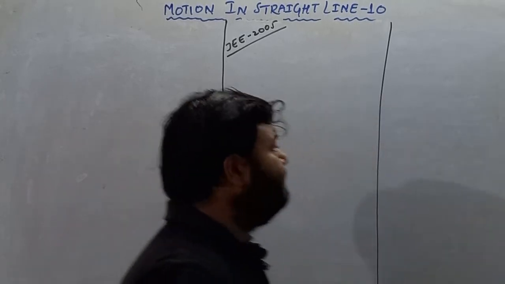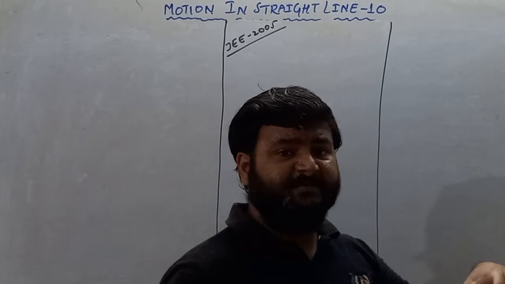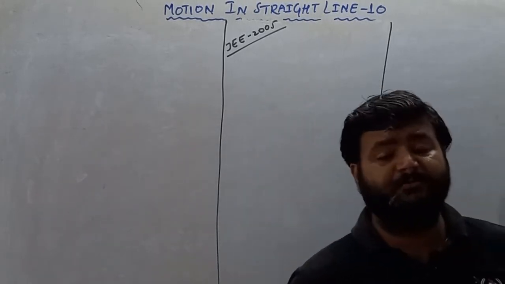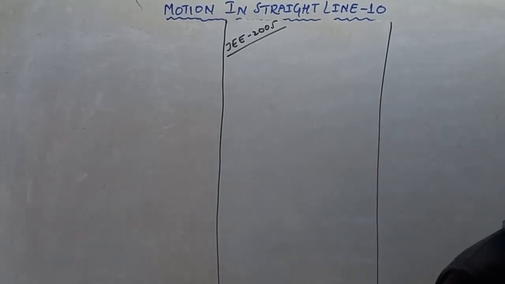They are saying there is a parachutist who drops without opening the parachute, and he travels 50 meter. When the parachute opens, it decelerates at 2 meter per second square.